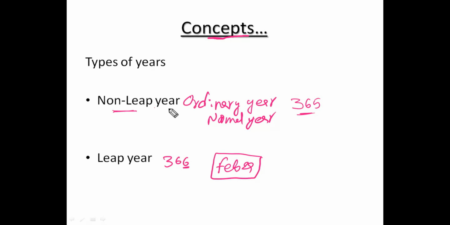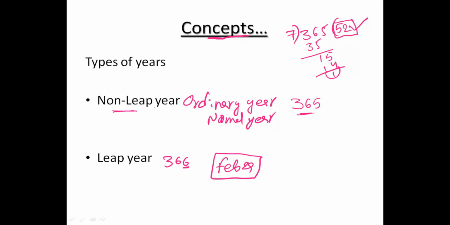Next, a non-leap year consists of how many weeks? How to get weeks? Simply divide 365 by 7 because there are 7 days in a week. 7 fives are 35, remainder 1, and it is 15. 7 twos are 14, remainder 1. So how many weeks? 52 weeks are there.